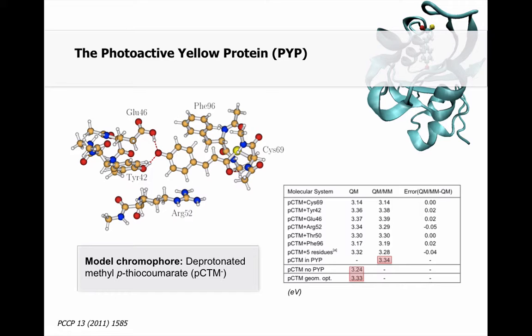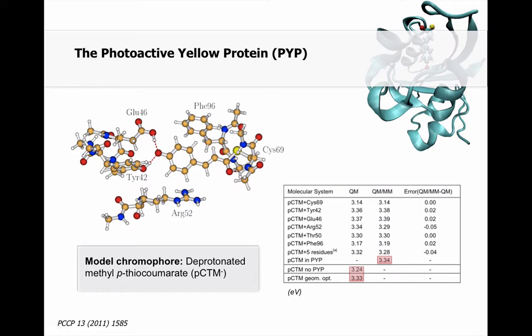As can be seen in the error column, there are only very small deviations between the QM/MM, or polarizable embedding, predictions and the full QM predictions, thereby validating the use of the polarizable embedding model in this case.